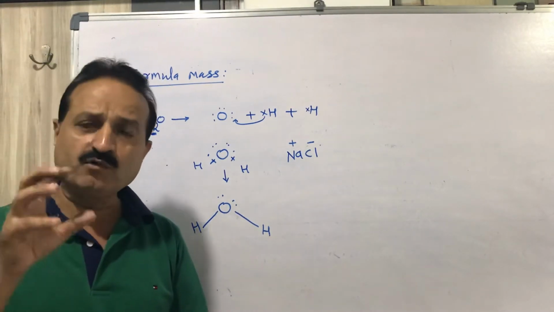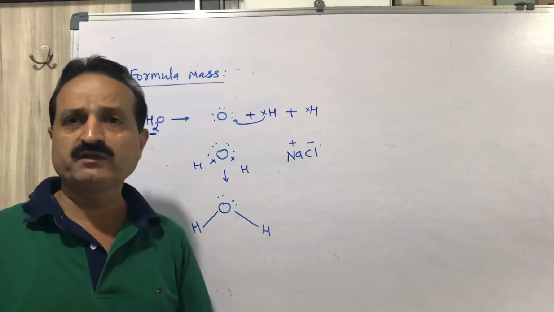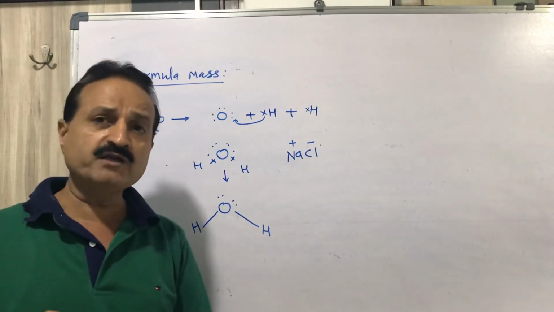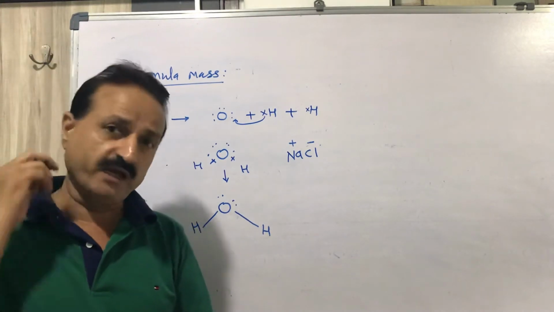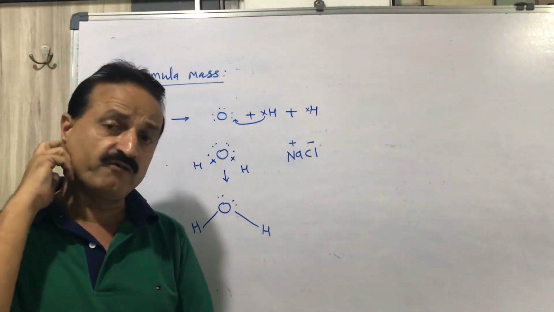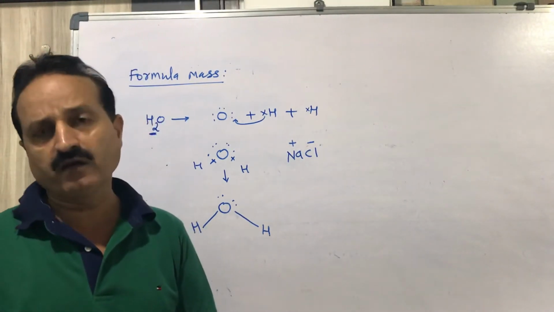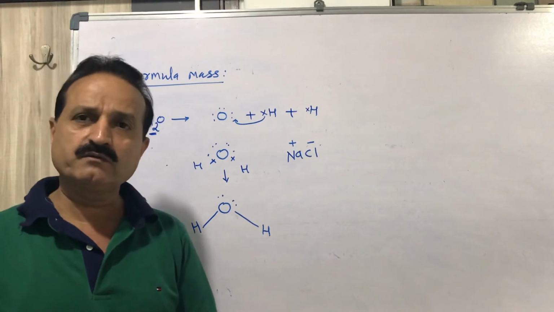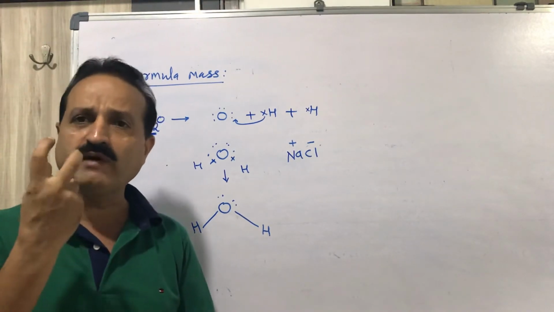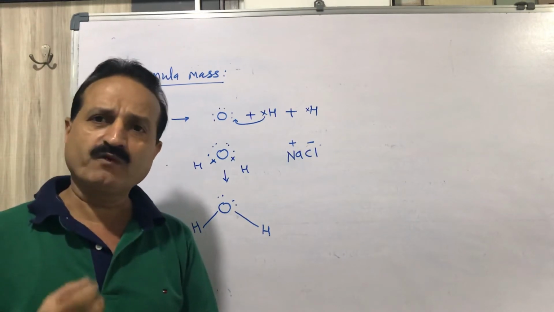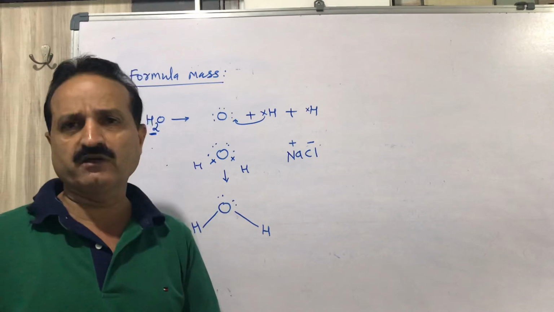Sodium chloride has a crystal structure, and every sodium atom is surrounded by 6 chloride atoms, and every chloride atom is surrounded by 6 sodium atoms. It is three-dimensional. In your textbook, atoms are shown by spherical shapes. Here we will use a two-dimensional structure.